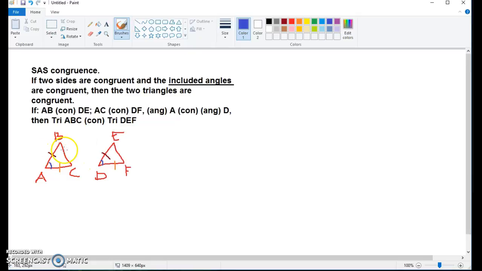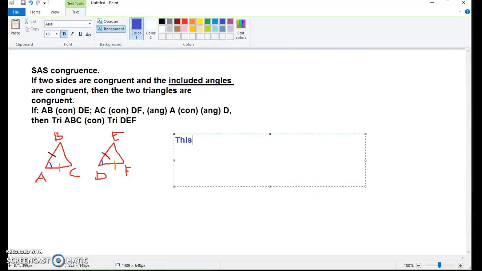It cannot be this angle. If we had this side and this side, and any other different angle, it wouldn't work. It only works if we have the angle where these two congruent lines are going to meet. So this is important. This only works when you have the angle where the two congruent sides are meeting.